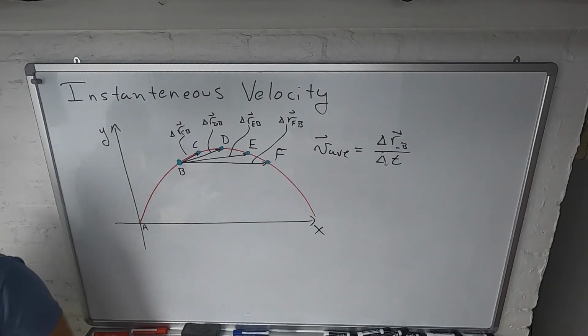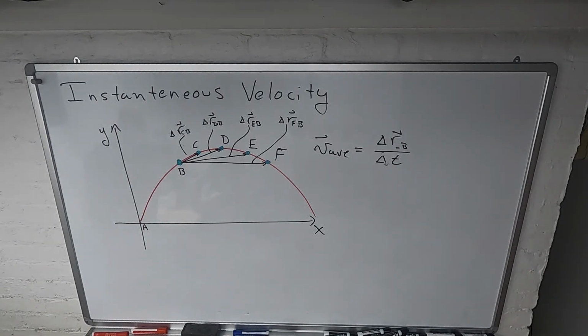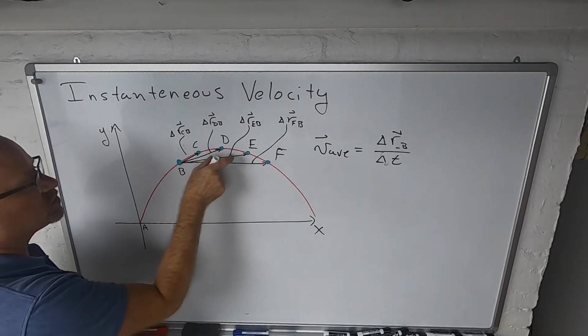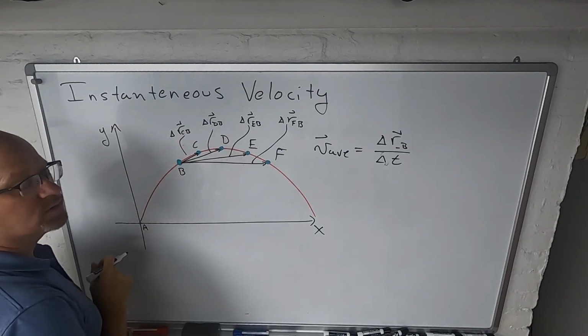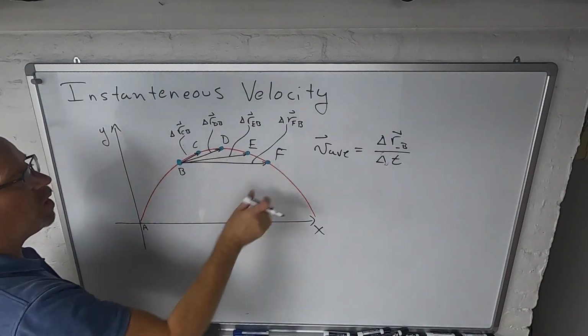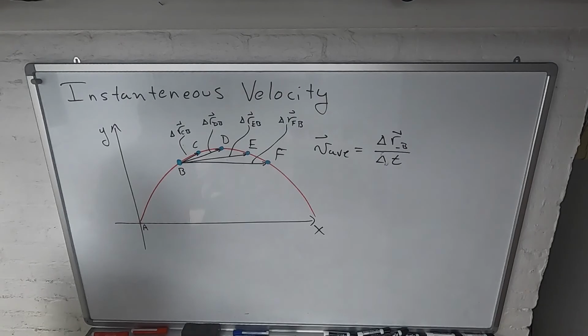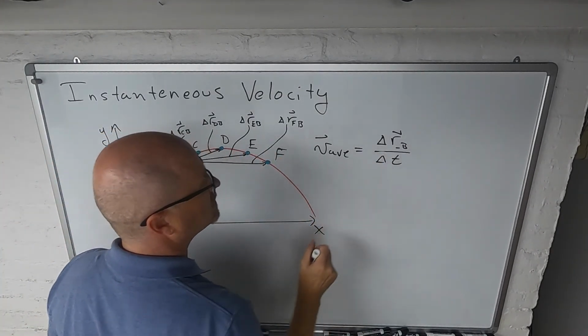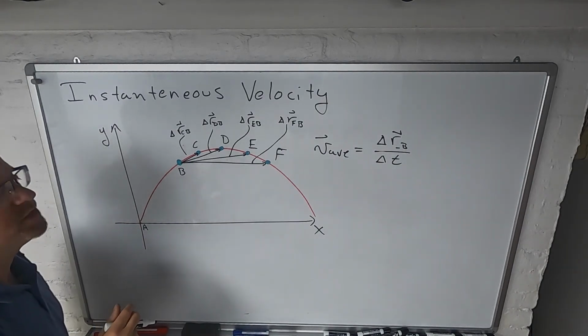Okay, well that's good, but that's going to really dramatically alter the actual value of the velocity, because these vectors are changing direction because of the nature of the directional change of the ball. And so what if I want to shrink the delta t to be the smallest possible interval that I can imagine?